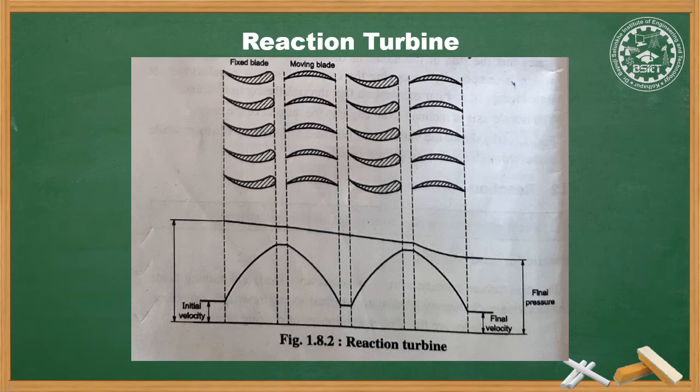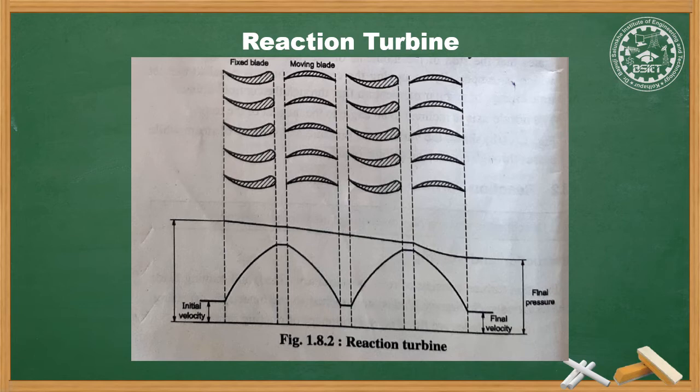and changes the direction of flow of steam by increasing the velocity. This type of turbine makes use of reaction force produced as the steam accelerates through the nozzle formed by the rotor. So it is called a reaction turbine.